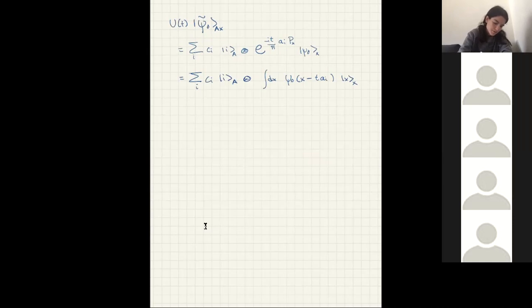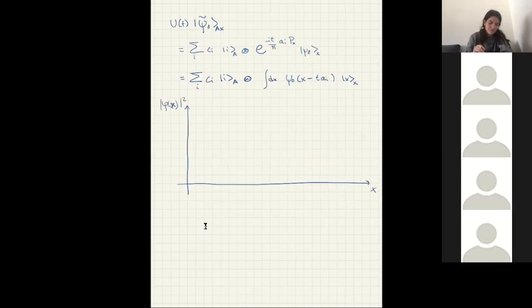Okay, so what happened was, let's say this is x, and this is the square of the wave function, so the probability amplitude of finding it somewhere.